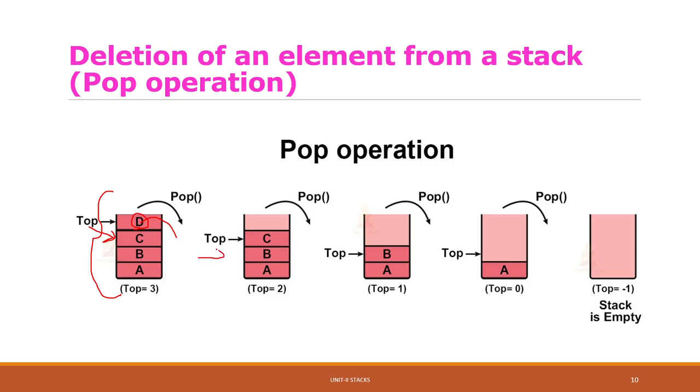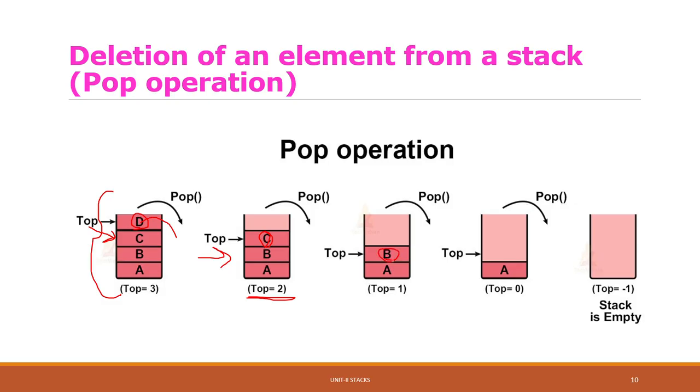Consider this example. Now you can see the updated top value is 2 because I have deleted D. Now I want to delete C. The top will be updated to 1 and B is the top element.